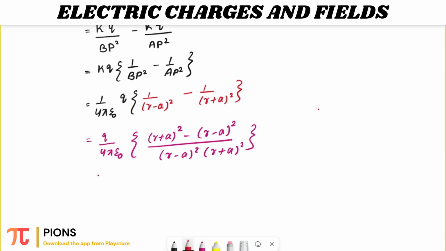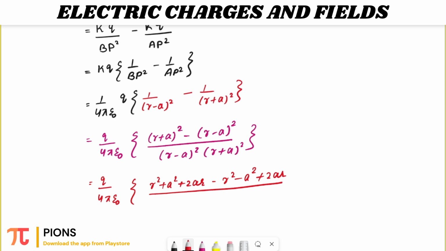Now, let's simplify it further. It will be Q over 4 pi epsilon naught. Let's expand the numerator: A square plus B square plus 2AB minus A square minus B square plus 2AB. Be very careful, I have directly opened it because the signs will flip.